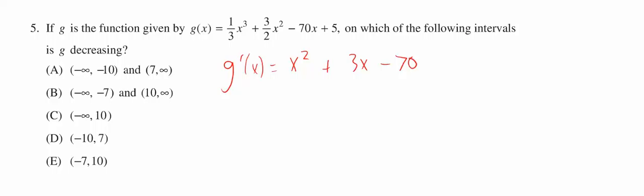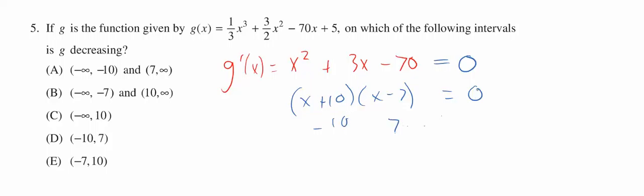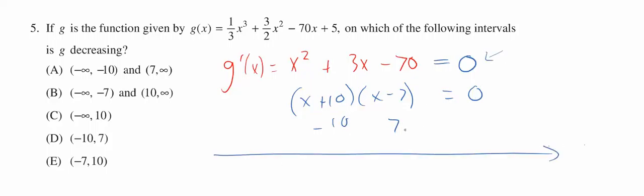So if I find where my derivative is equal to 0, then I can find where it's decreasing. So if I factor, x plus 10, x minus 7. So x equals -10 and 7. That's when the slope is 0.